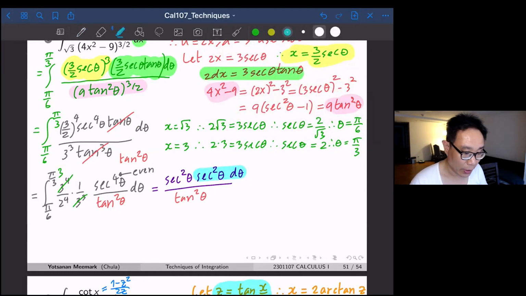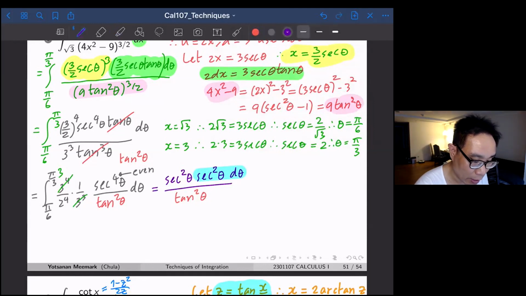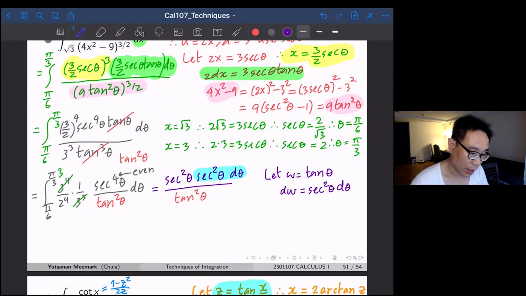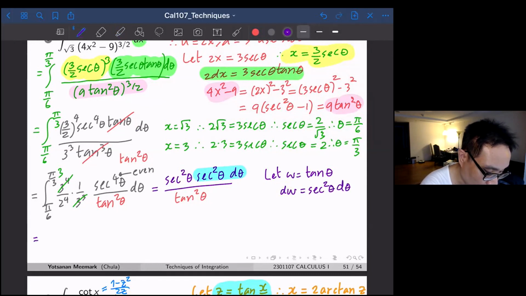This is one group, and you let w equal tan theta, so you get dw equal to sec squared theta d theta.